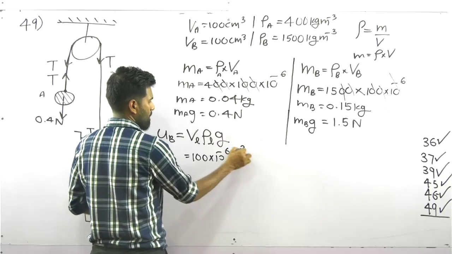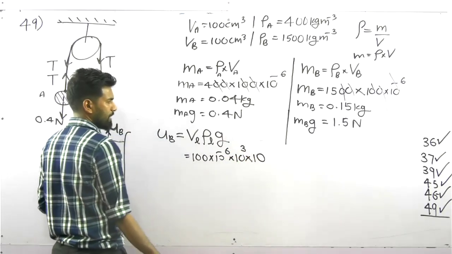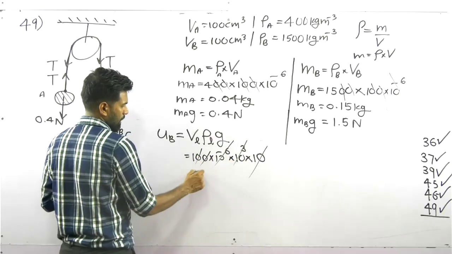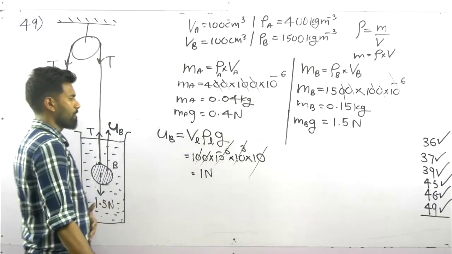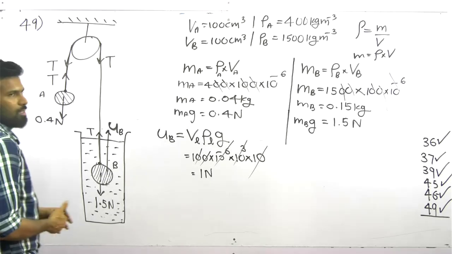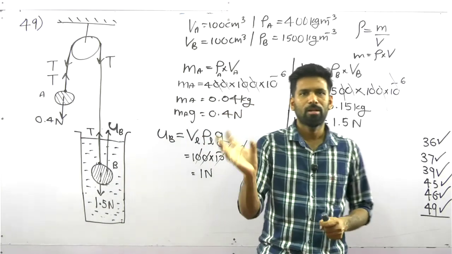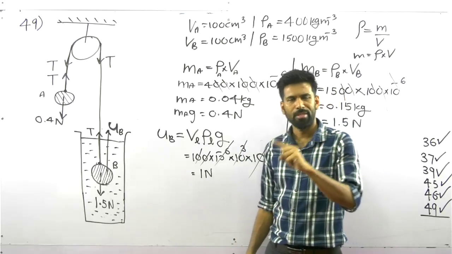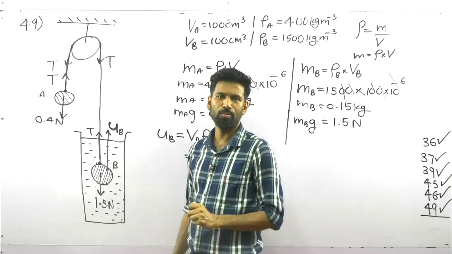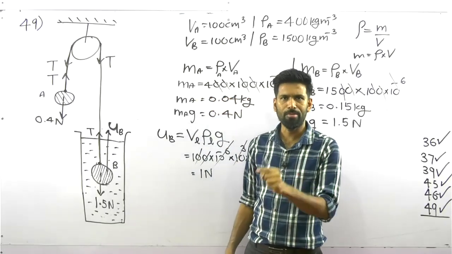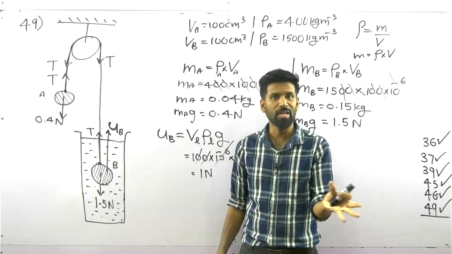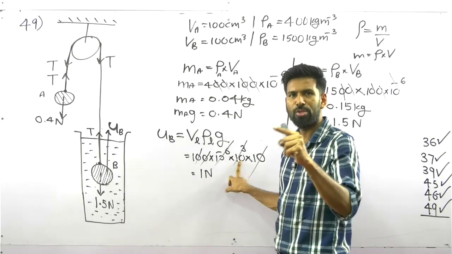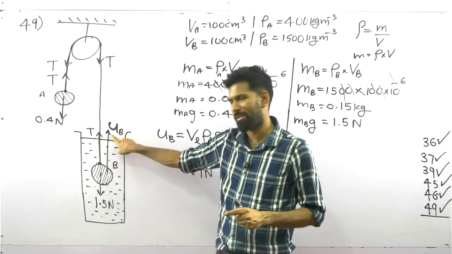Density 10 to the power 3, g is equal to 10. So the upthrust is 1 newton. The volume is converted to meter cubed, and the density of the outside liquid, water, is 1000. Times g, it will give me the upthrust acting on the object.